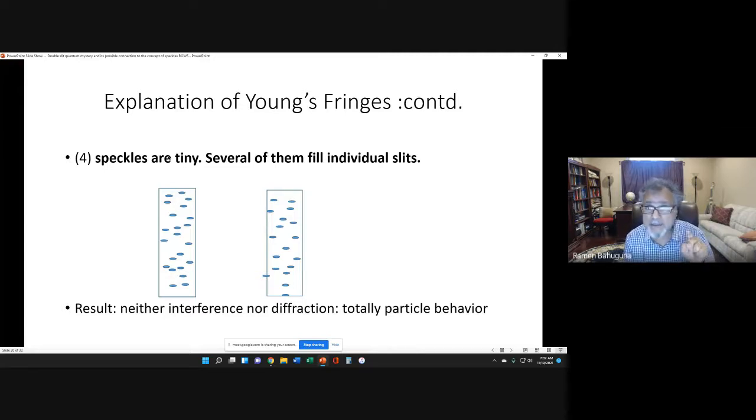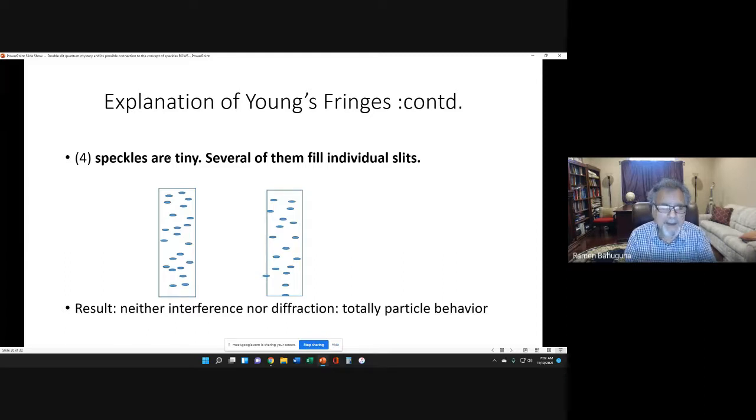These speckles, which are smaller than the width of each slit, are going to contribute only as scattering, sort of. There will be no diffraction, because the main condition for diffraction is that the phase across the width of the slit has to be the same. So no diffraction, no interference. These are going to reduce the contrast also.